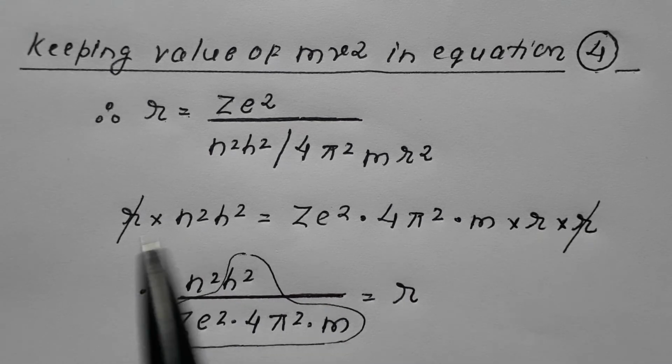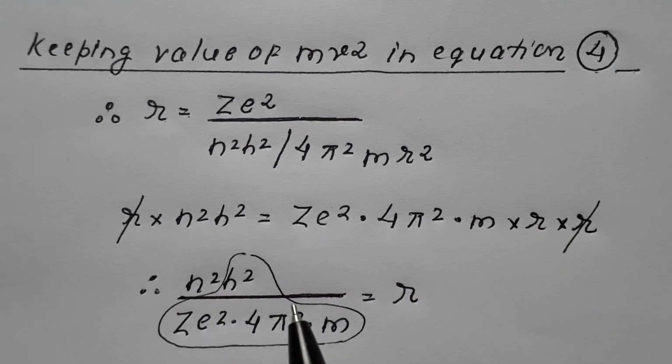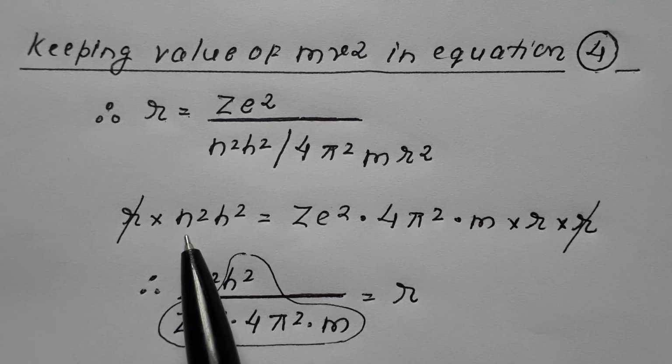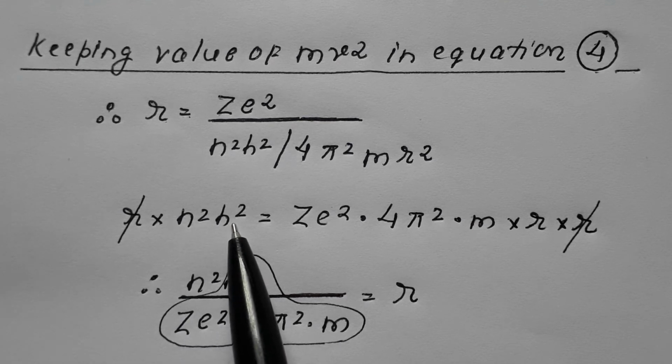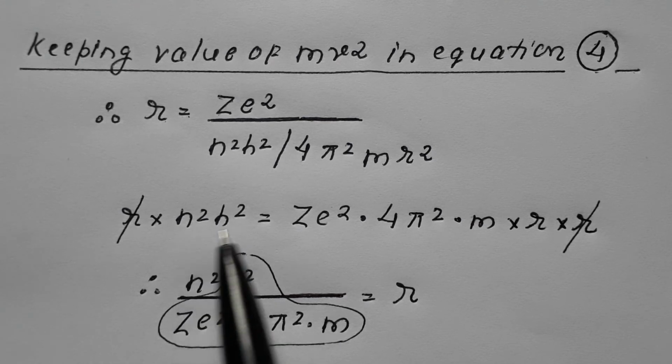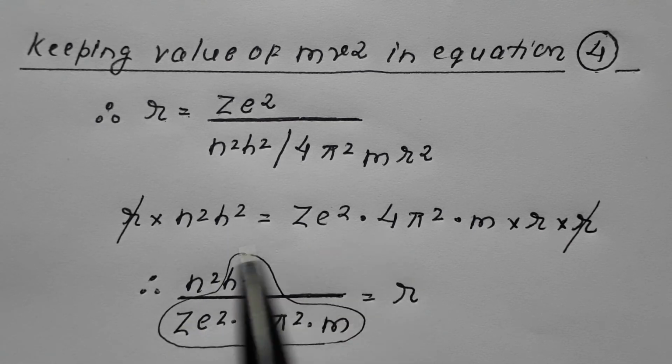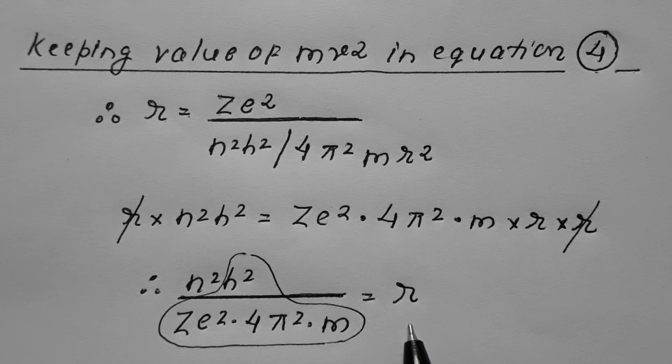One of the r is cancelled on either side, so n square into h square, brought into the denominator, upon ze square into 4 pi square into m, is equal to r.